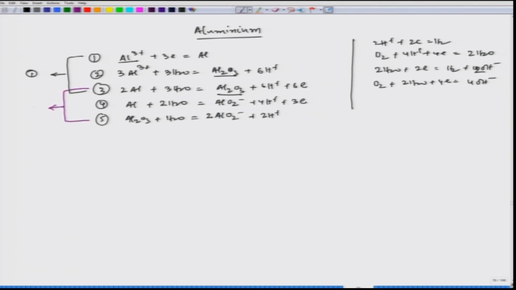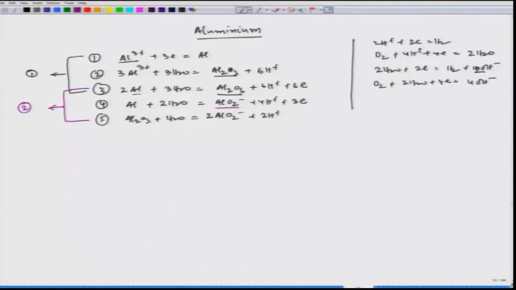In the first three we see that aluminum, Al3+ and Al2O3 are the reactants or products that involve aluminum. And in the second set we see aluminum, Al2O3 and AlO2-, these three species involving aluminum. So, in the second set we do not have Al3+, and in the first set we do not have AlO2-.